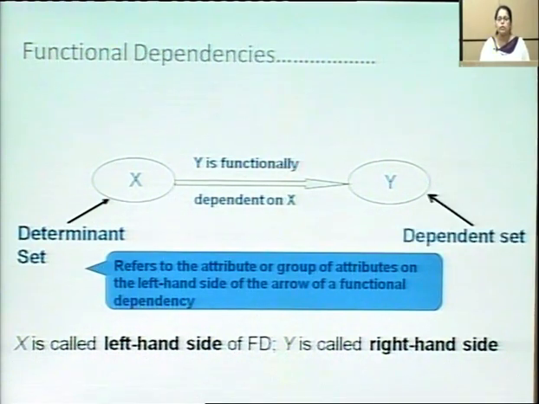Y is called the dependent set. So on the left hand side, the set of attributes is the determinant set, and on the right hand side of the functional dependency is the set of attributes which is called the dependent set.